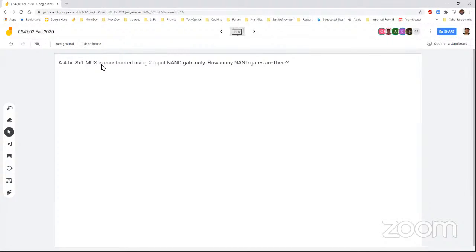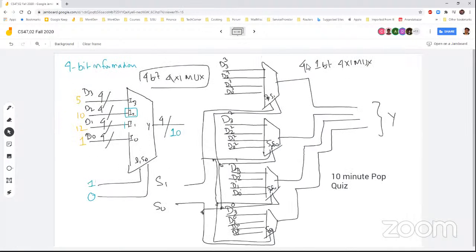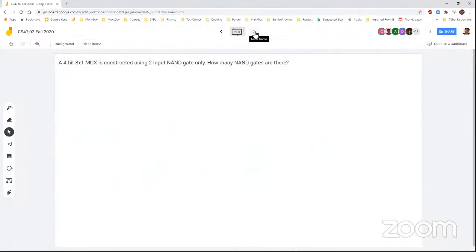That means instead of a 1-bit 8x1 multiplexer, we are using 4 1-bit 8x1 multiplexers. So if we can come up with the number of NANDs needed for one 1-bit 8x1 mux, then we'll just simply multiply that by 4 to get the answer.